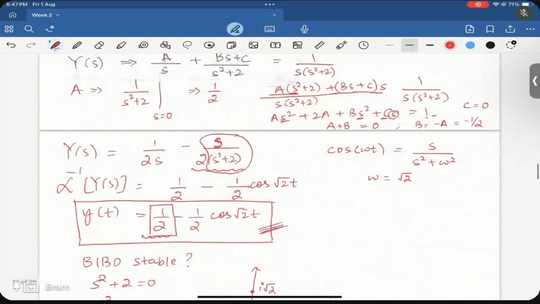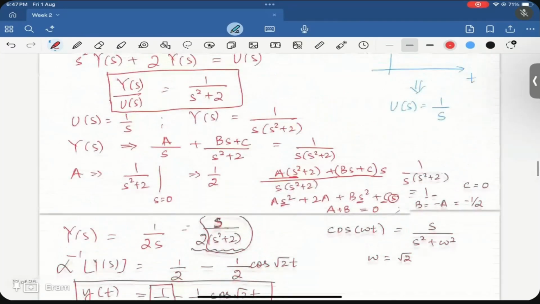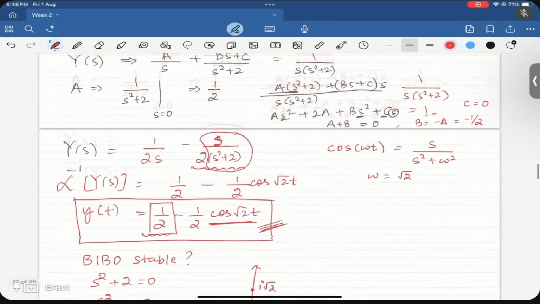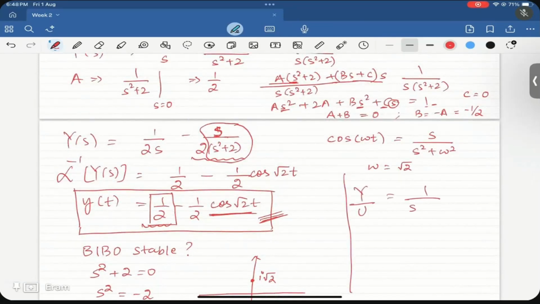Let's suppose we have given the input as cos(√2 t). This is also a bounded input, right? What I am saying is, suppose this is my transfer function 1/(s² + 2).